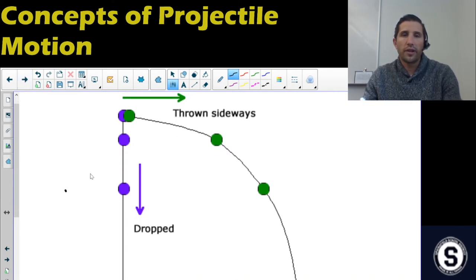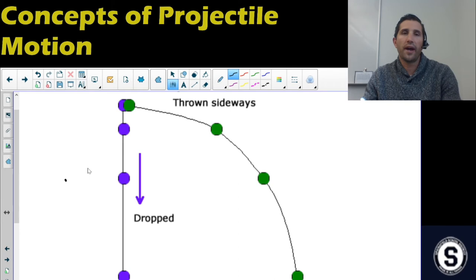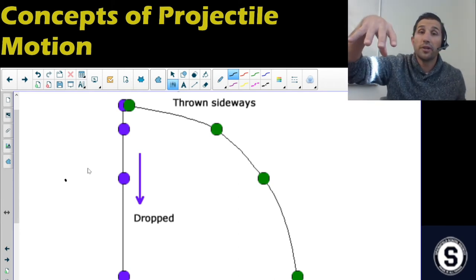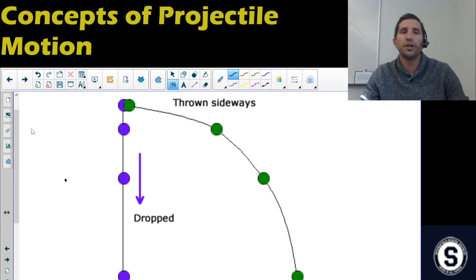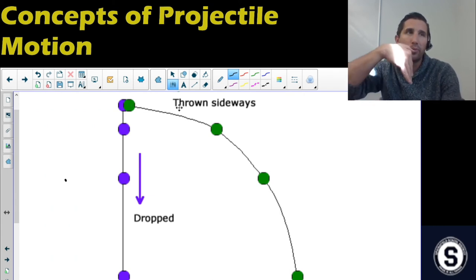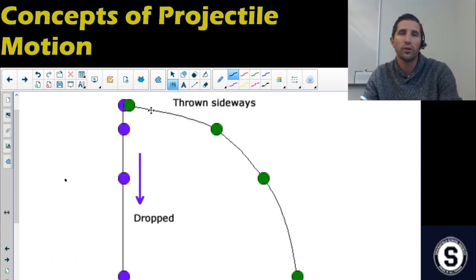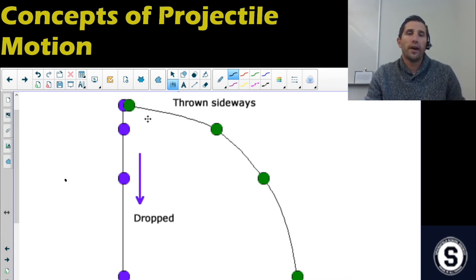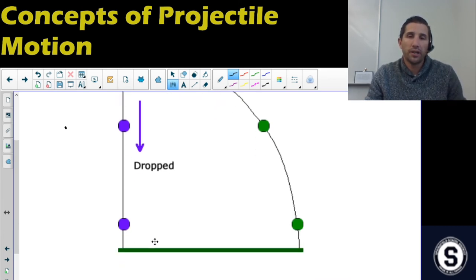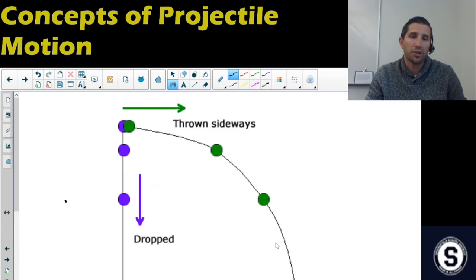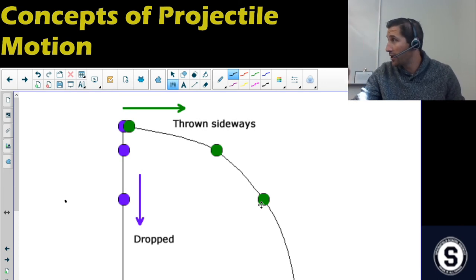In the demonstration we did, we saw that if you took an object and dropped it straight down, and you took another object and launched it sideways, not at an angle up or down, but just straight out like this, then they both end up hitting the ground at the same time. This is a picture of what it would look like if we took a picture of where the object was at different points in its flight path.